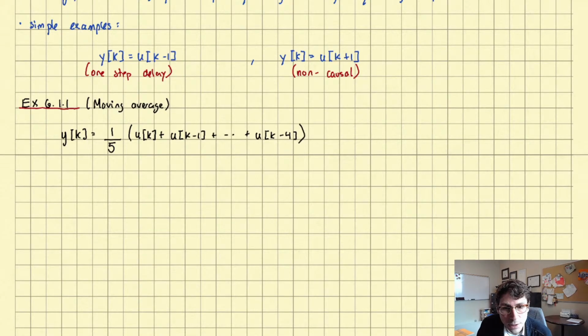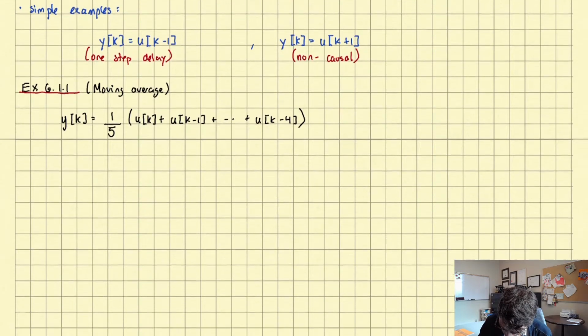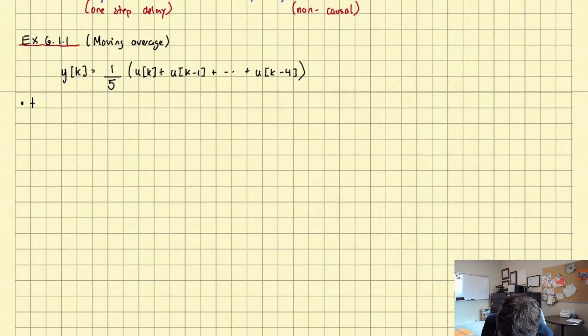You take your current input plus the previous 4, and you take their average. There's an example. So the output at time k is the average of the last 5 inputs.